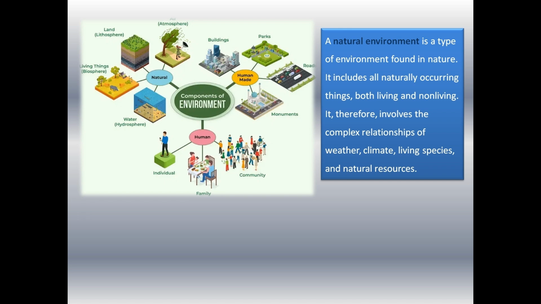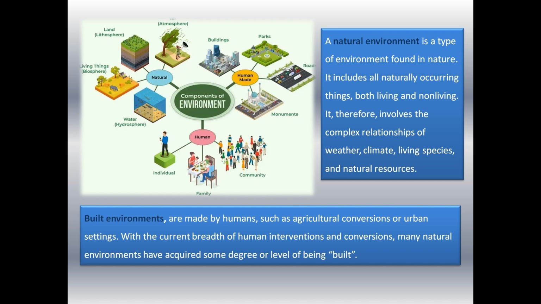It therefore involves the complex relationships of weather, climate, living species, and natural resources. Built environments are made by humans, such as agriculture, conversion or urban settings. With the current breadth of human intervention and conversion, many natural environments have acquired some degree or level of being built.